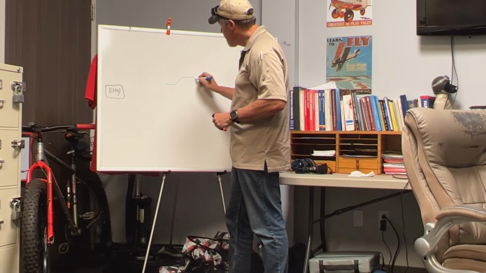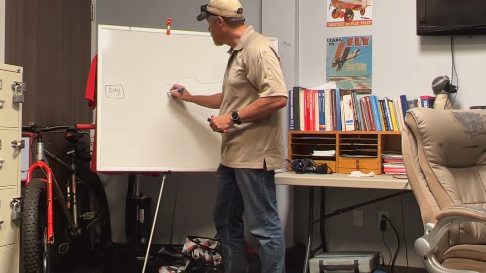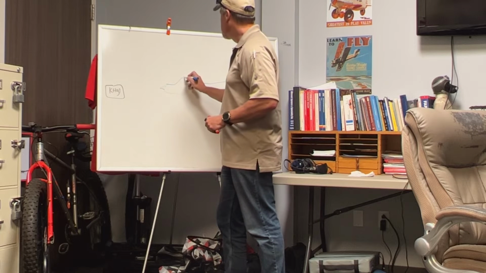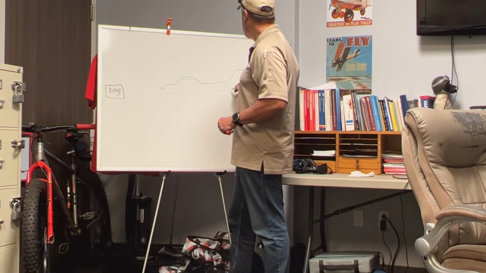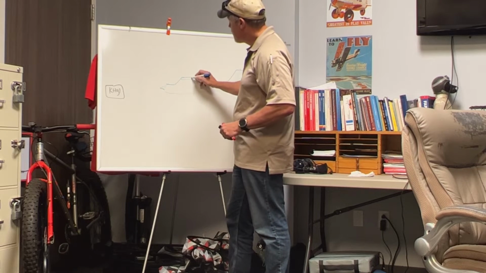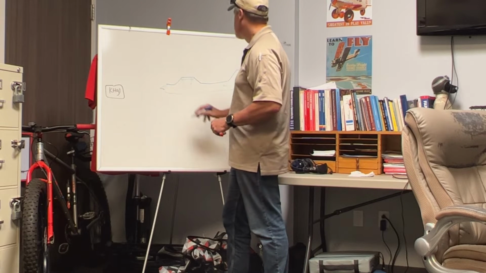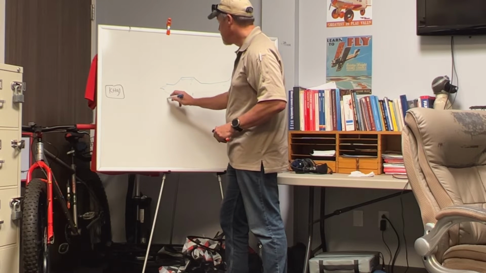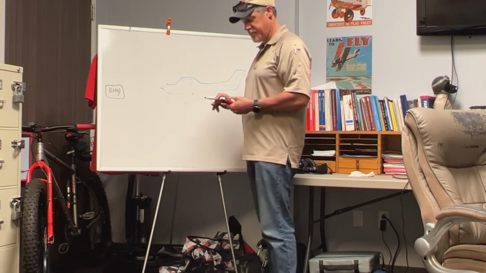Got our wing, our horizontal stabilizer, our rudder, ailerons. Let's see here, landing gear. So our four basic forces on the airplane.